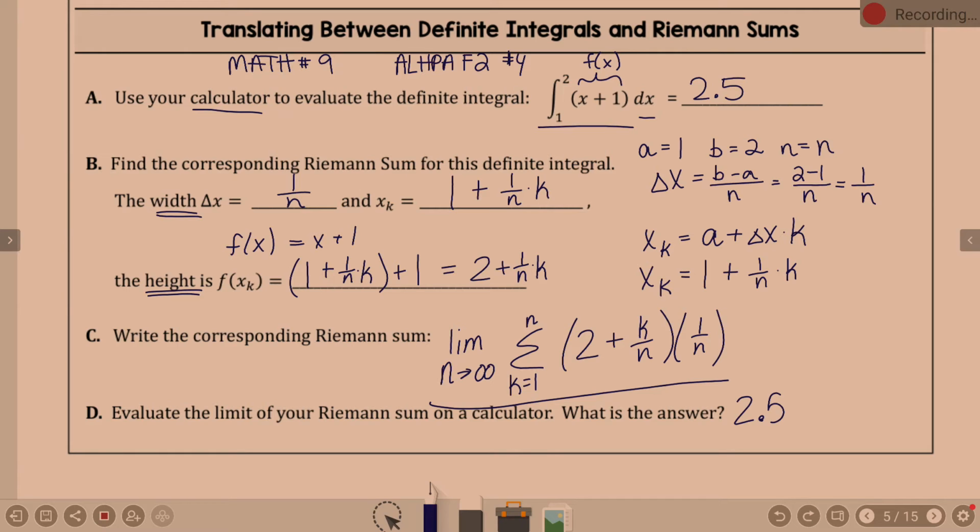So if you use a different variable, honestly, I can't say that I've ever tried it with a different variable, but it's the idea that whatever variable I put in the function, so if I put x plus 1 here, I need to have dx there.